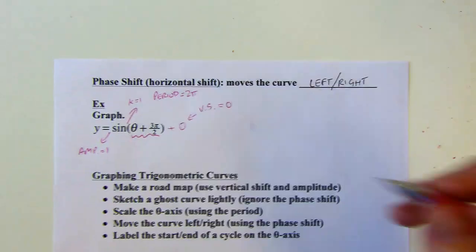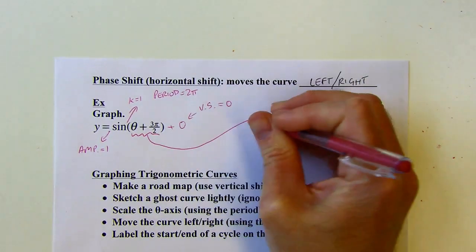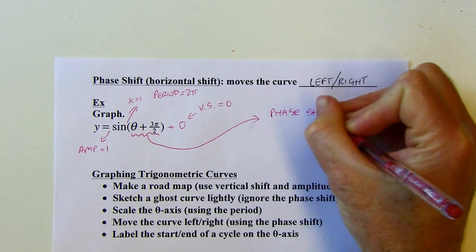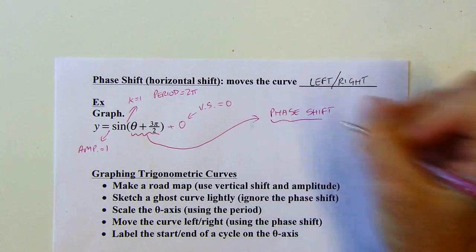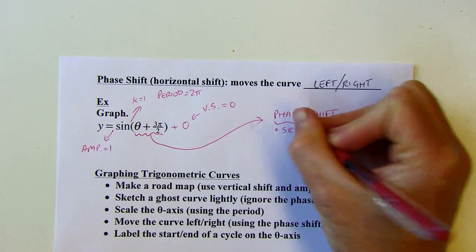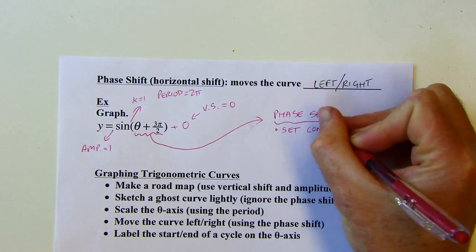All right, so for the phase shift, here's what we want to do. You're going to want to set the parentheses equal to 0. Well, the contents of the parentheses.